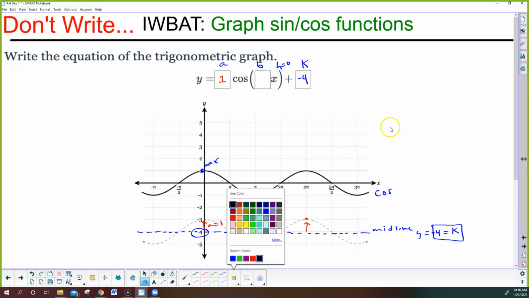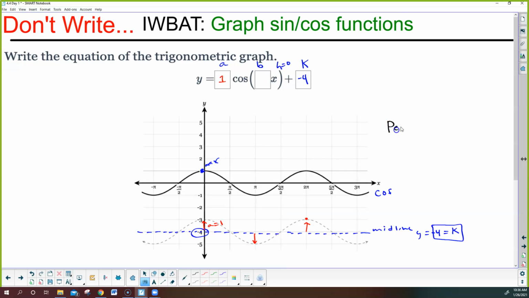So the b value has to do with the fact that we know the period. But we're working backwards. Now I have to read, okay, wait a minute. How long does it take for cosine to go through one period? Right? How long does it take to go from max back to max? Well, notice you could look on the original function as well.